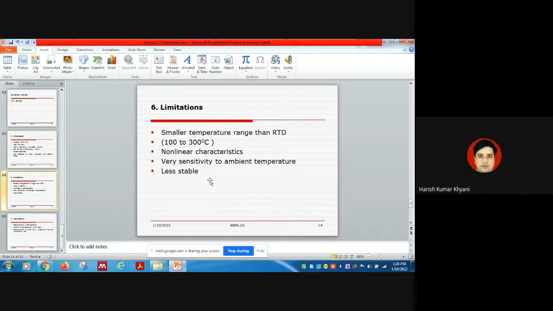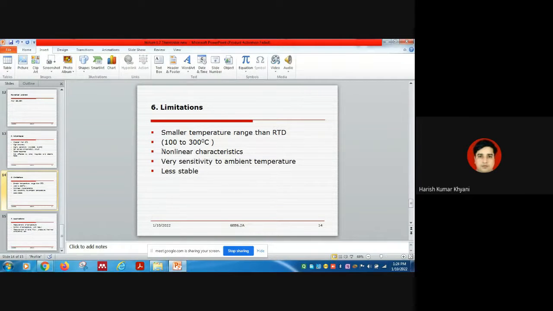As far as the limitations are concerned, I have also mentioned RTD has a larger temperature range. If we consider the example of platinum, it can be used for temperatures up to 1000 degrees centigrade, whereas thermistors are only used up to 300 degrees centigrade, right?